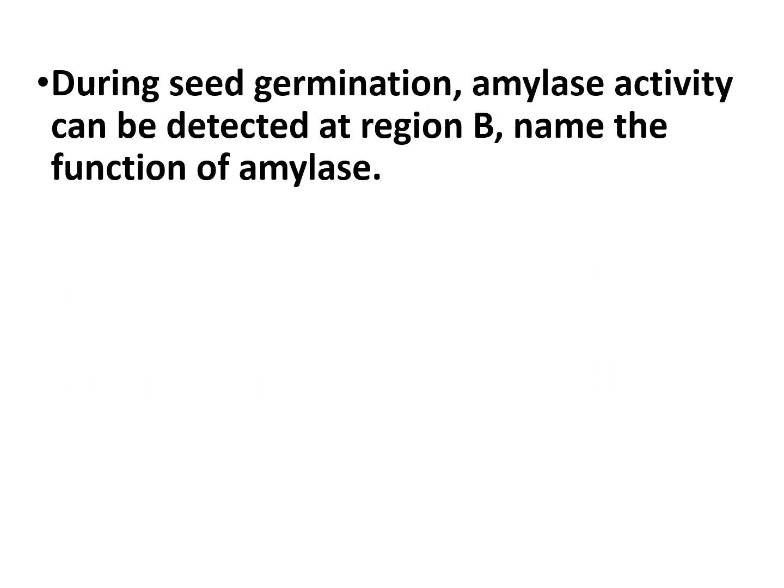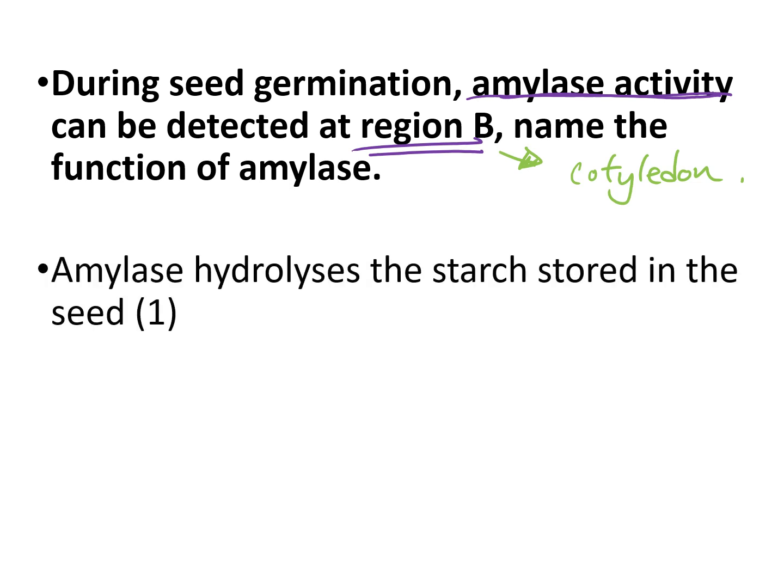Next question. During seed germination, amylase activity, that is enzyme activity, can be detected at region B. That is the cotyledon. So can you name the function of the amylase? The amylase is actually an enzyme to break down the storage, the starch. So amylase breaks down, or hydrolyzes. Hydrolyze means use water to break down.